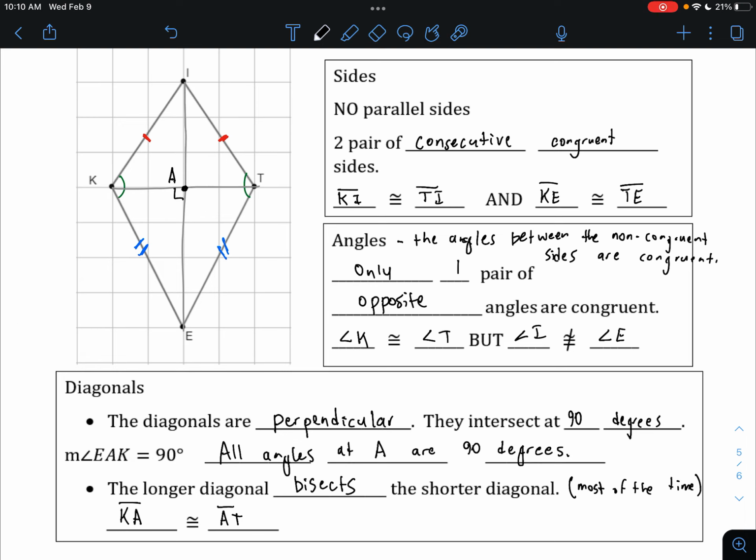And the way that we get around that is by saying, really, the diagonal that goes between the two congruent angles is the one that's being cut in half.